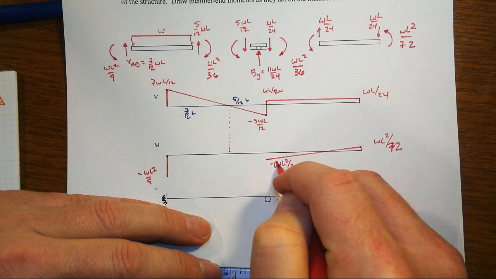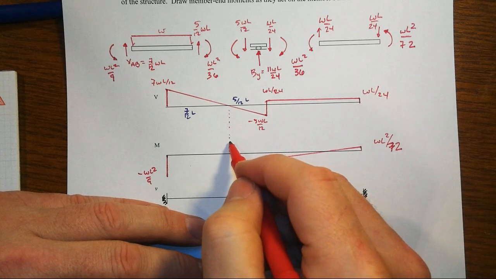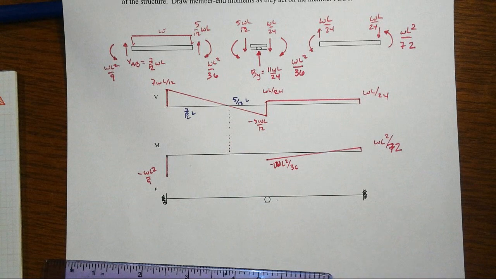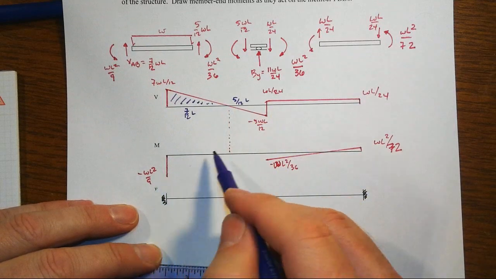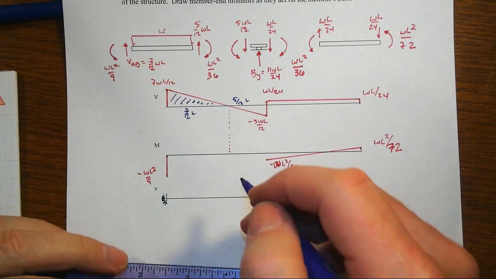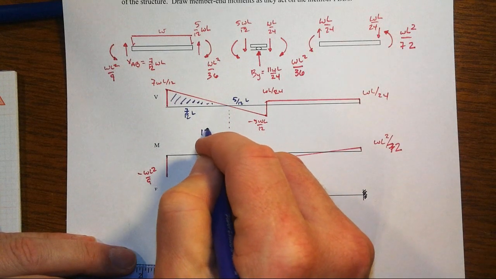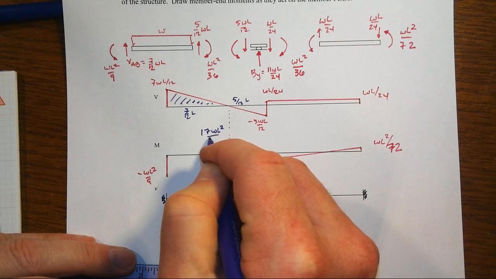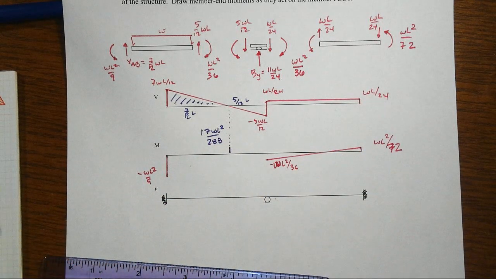Right, so there we go. Now we got to go, of course, find the maximum moment here. Now you find the area under the shear diagram that tells us the delta will end up popping up, it turns out, to 17 WL squared over 288 for the positive maximum.